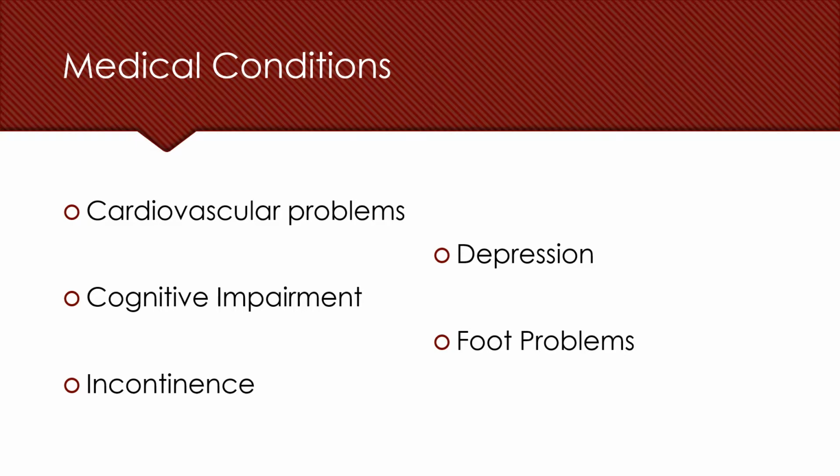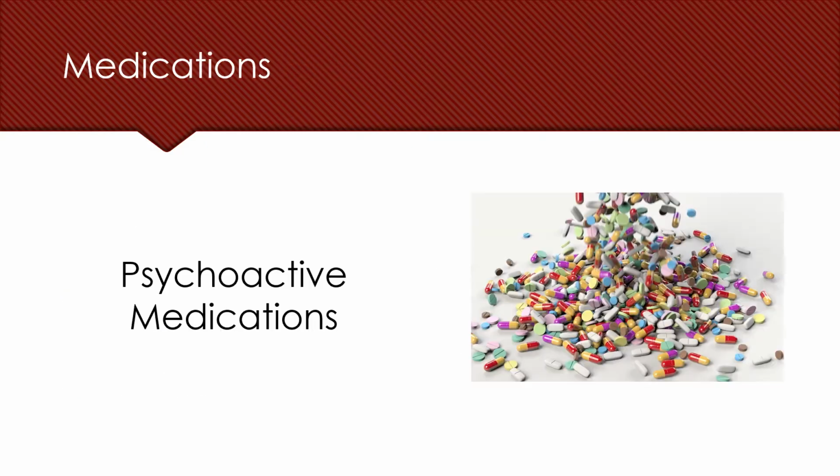Next, we have depression, and the main symptoms associated with that are some cognition and gait and balance problems that can make you a higher fall risk when you have depression. And lastly, foot problems. And we talked a little bit about that in the first presentation as well, that foot problems can really be linked to how someone's walking and able to balance.